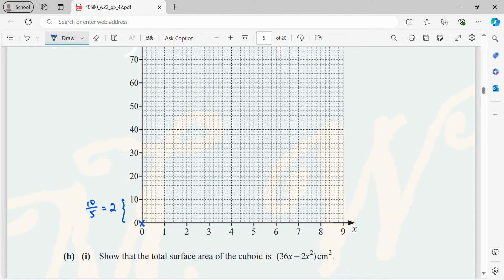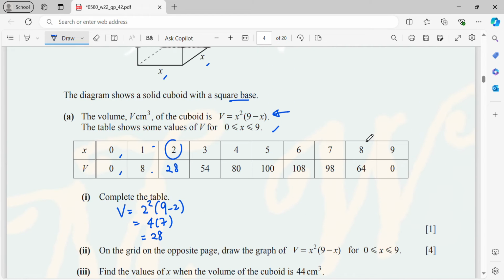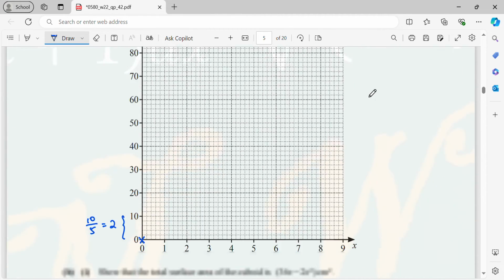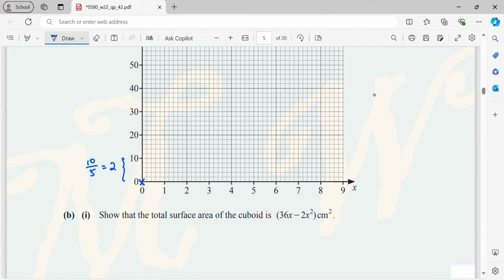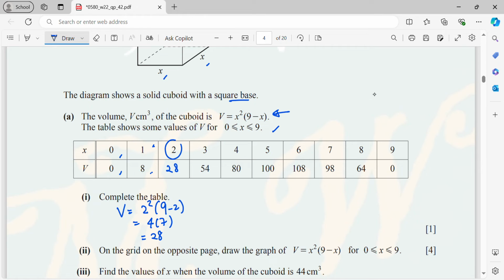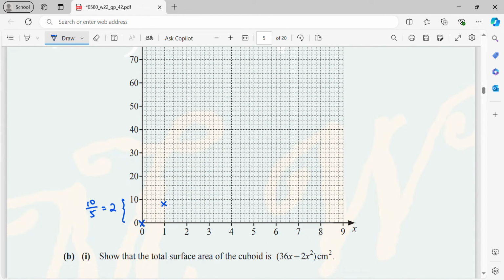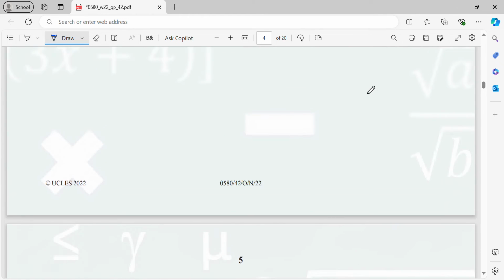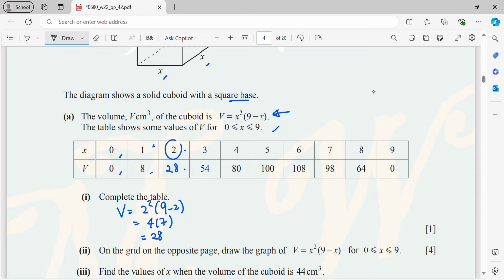Okay, and when x is 1, look at the previous table. X is 1, v is 8. That means it will be 4 squares. Okay, next. X is 2, v is 28. Then 3, 54.